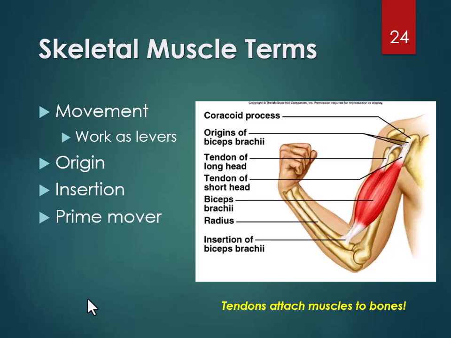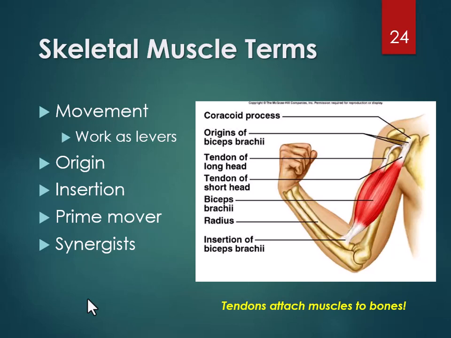The muscle that's used most for a particular movement is called the prime mover. Flexion of the arm is done mostly by the biceps muscle. So the biceps is the prime mover. Any other smaller muscles that do the same thing but aren't as big as the prime mover are called the synergistic muscles. So the brachialis muscle and the brachioradialis a little bit, those are smaller muscles in the arm that are also involved in flexion or bending your elbow.